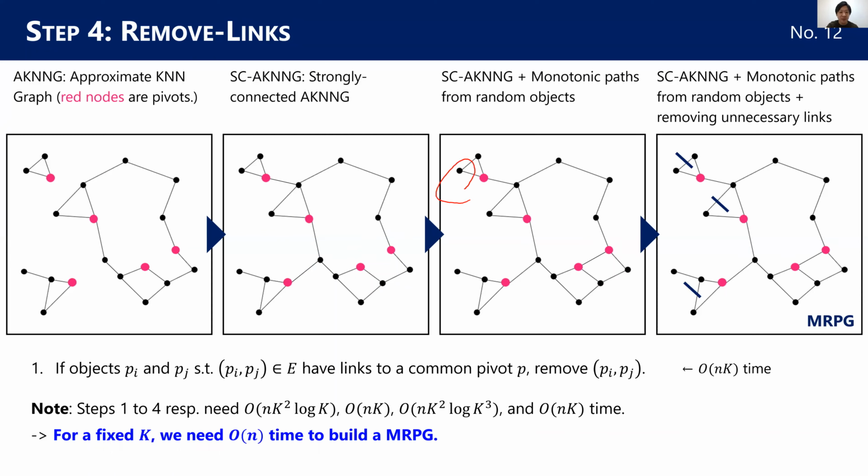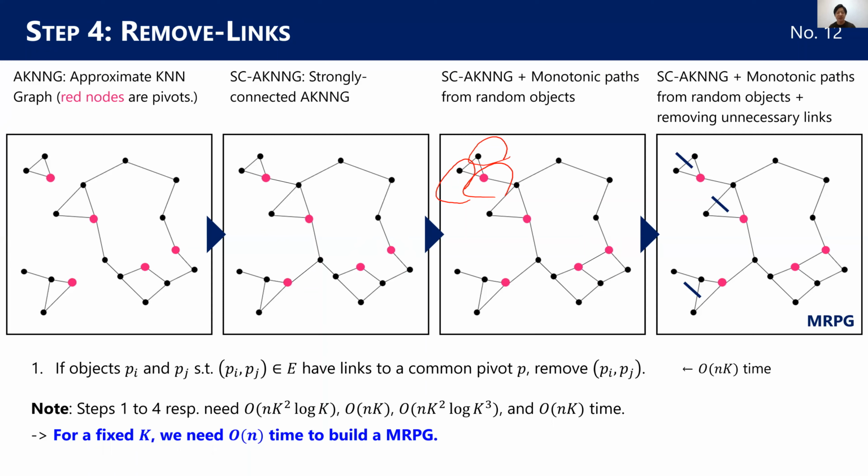For instance, this is Pi and this is Pj, and they have a common pivot. Here, the link between Pi and Pj is not necessary because they are traversed via the common pivot. So we remove all such links.